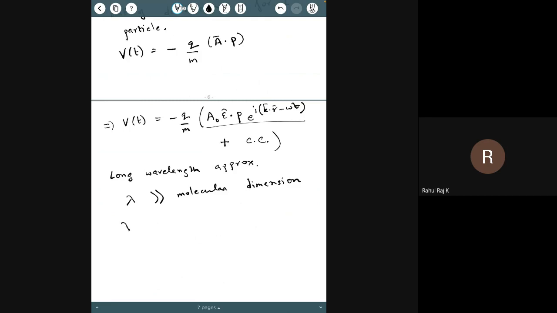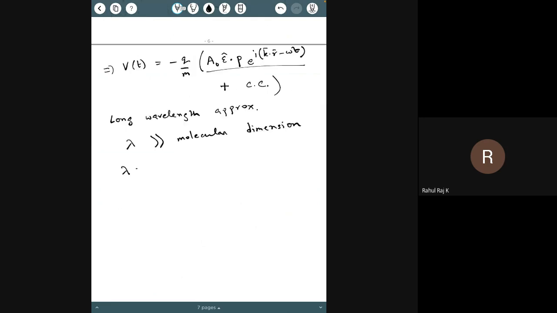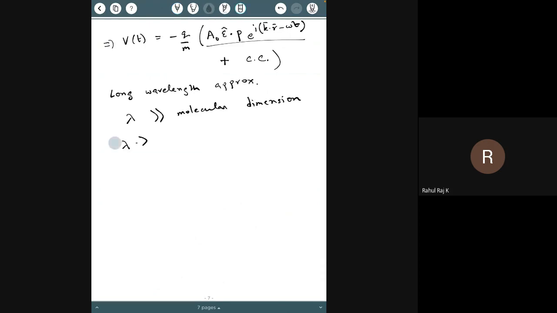So you can say that lambda is infinity compared to the order of r.